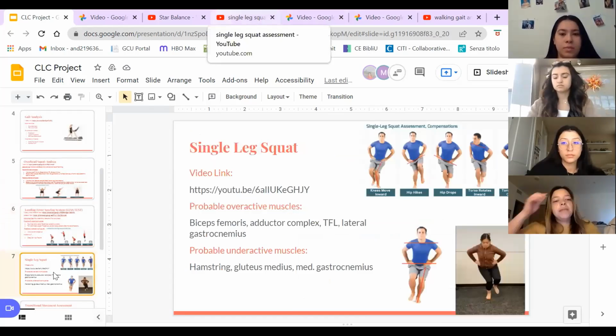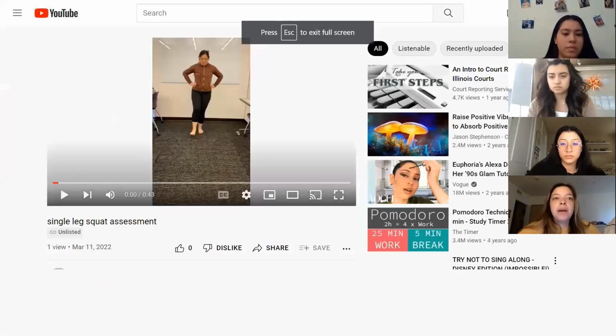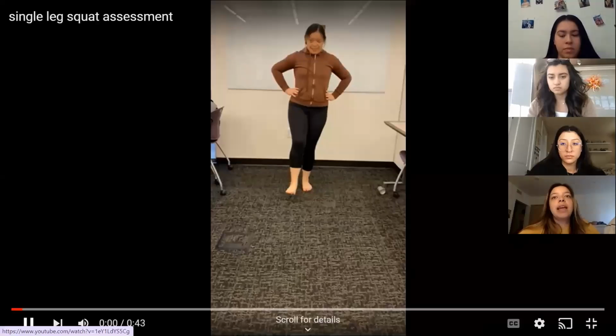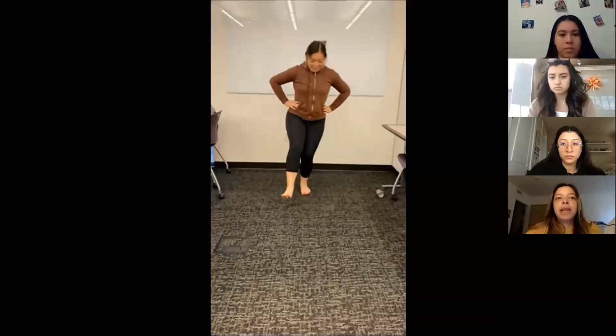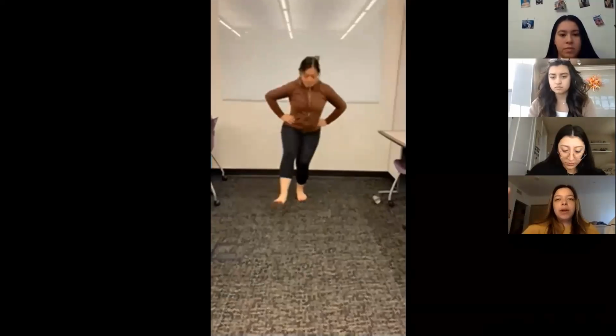Alright, for the single leg squat, going over into the video, some normal findings should be that the lumbopelvic hip complex, also known as the LPHC, and the shoulder should remain leveled and face straight forward, and the knee should be tracking in line with the foot.